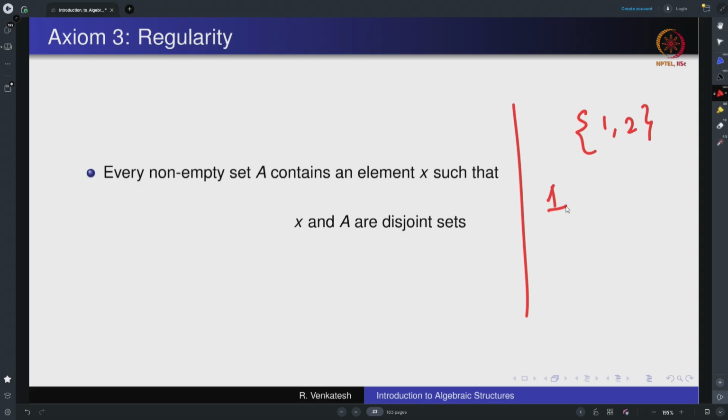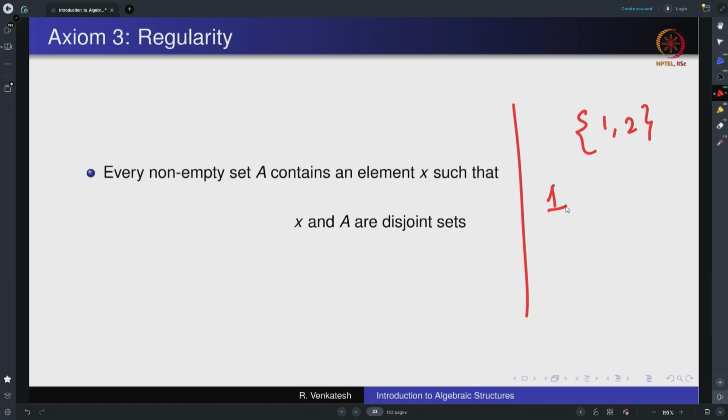Since the element 1 itself can be thought of as a set, what can you say about these two different sets, the set {1, 2} and the set {1}? We do not want any ambiguity between them.